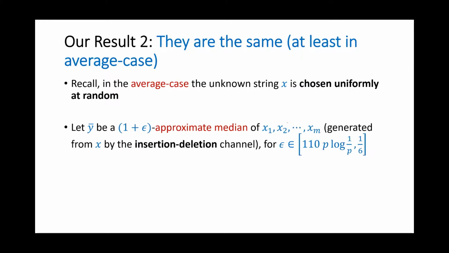More specifically, suppose y bar is a 1 plus epsilon approximate median of the strings x1, x2, ..., xm, which are generated from x by an insertion deletion channel. Then with high probability, the edit distance between this unknown string x and this approximate median y bar is order epsilon times opt by m, where m is the number of input strings.